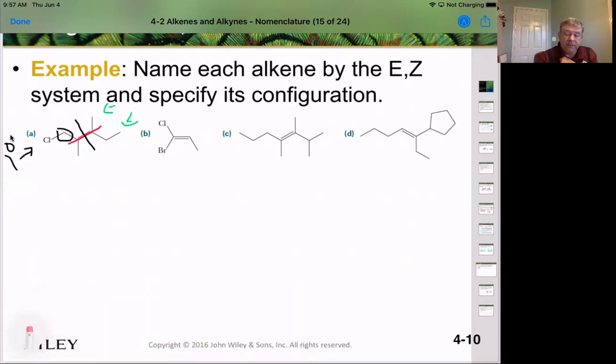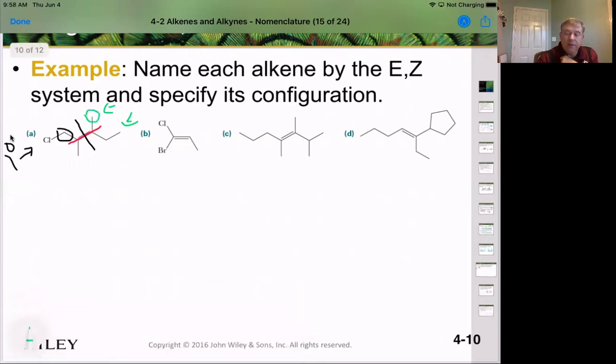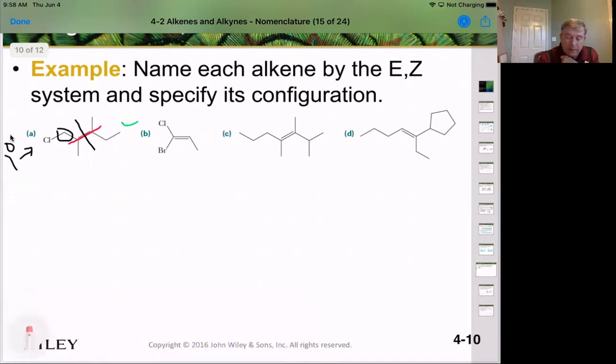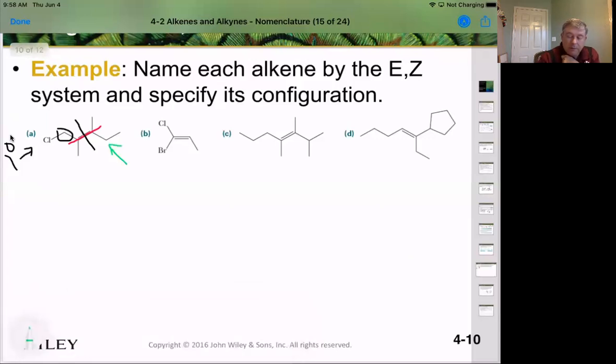On the other side, we have a carbon bonded to a hydrogen and a carbon bonded to a carbon. Carbon has a higher atomic number than hydrogen, therefore it takes priority, which means this one doesn't matter anymore. We are only worried about this group here. So this is our highest priority on this side.